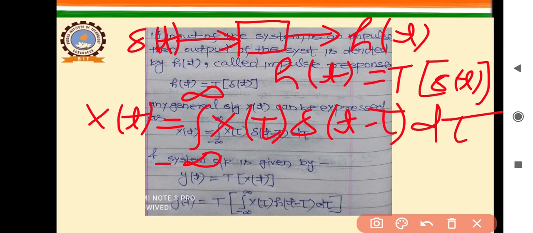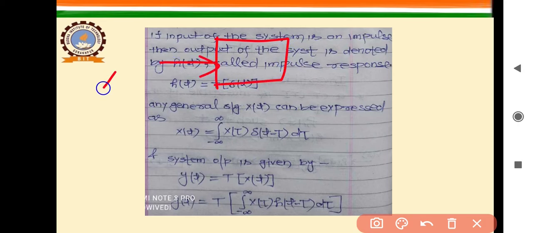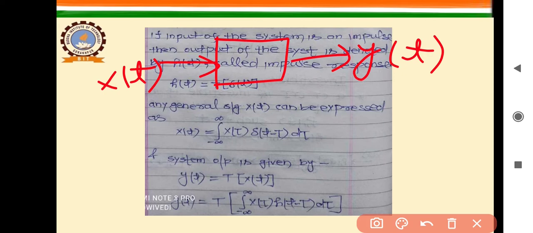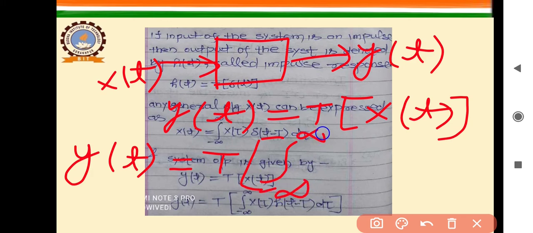This is how any general signal can be expressed. And if the signal x of t is given to the system, it produces output y of t, and this y of t is the transformation of signal x of t, where this signal x of t can be written as the integration from minus infinity to plus infinity of x of tau delta of t minus tau d tau.